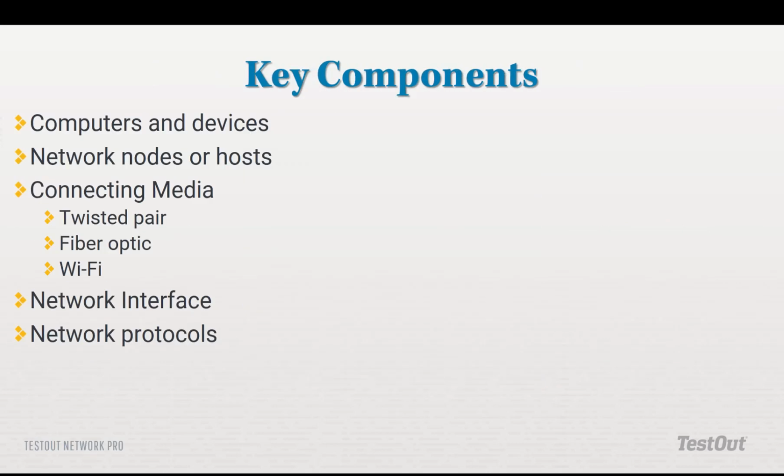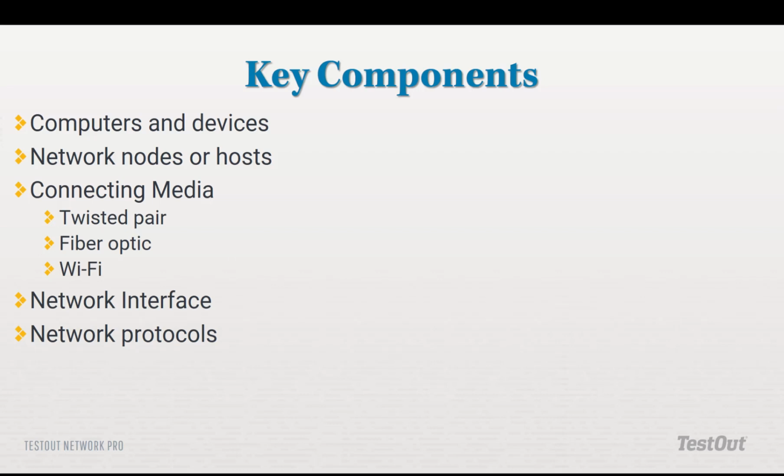So again, key components of networks are obviously computers and devices such as printers and scanners. The network nodes are normally your computers, and they call them hosts. You're going to connect to the server or to another computer mostly through twisted pair, which is Cat5e cable or Cat6 cable, maybe Cat7.